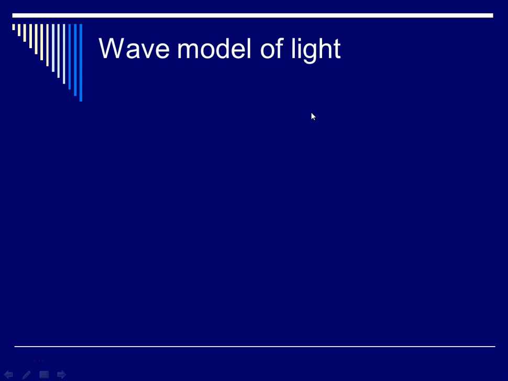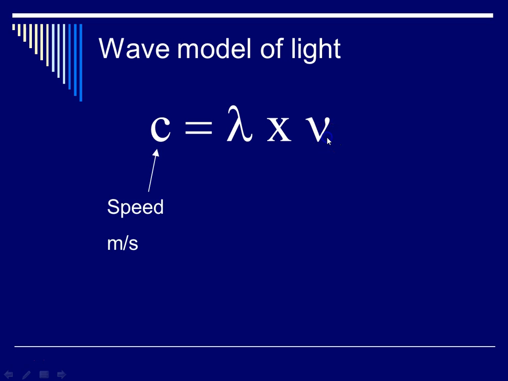So recall that with the wave model of light, we said that c, the speed of light, or the speed of electromagnetic radiation, is equal to the wavelength, represented by Greek letter lambda, times Greek letter nu, the frequency.